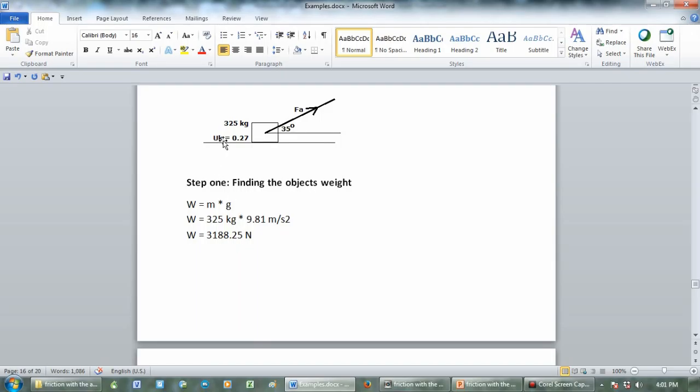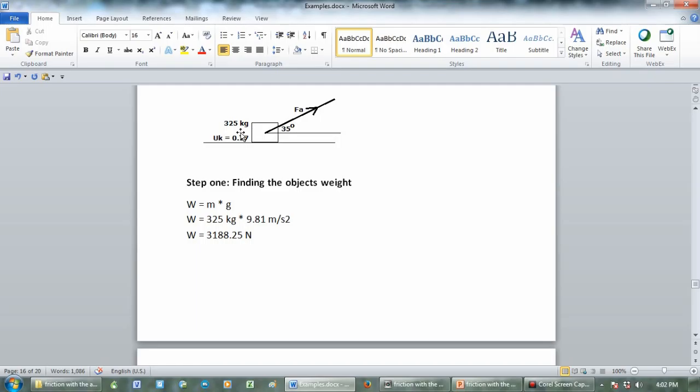So we have a 325 kilogram mass sitting on a horizontal surface. The coefficient of kinetic friction is 0.27. The force is applied upwards at an angle of 35 degrees, and the mass is moved along the surface at a constant velocity. We have to find the applied force, FA.